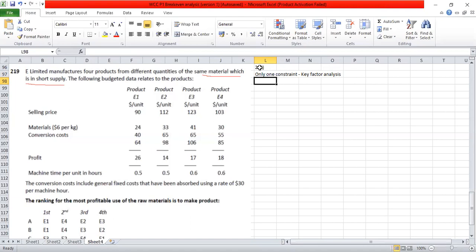Selling price is there, material cost is there, conversion, whatever is that. So the criteria here, the profit which is useful for decision making is not the final net income, but it is the contribution margin, which we have discussed about why it is, because fixed cost does not change.